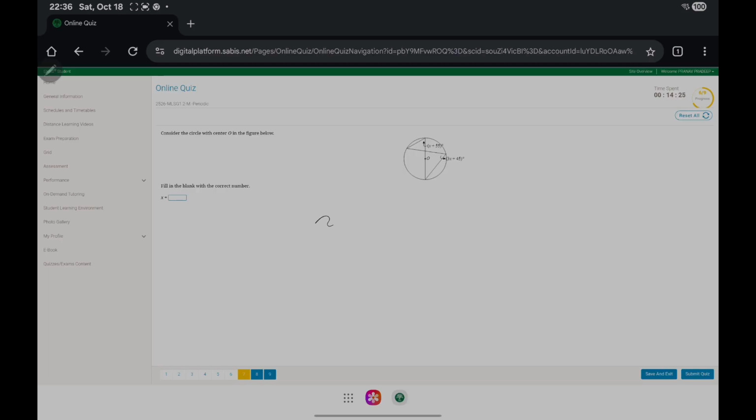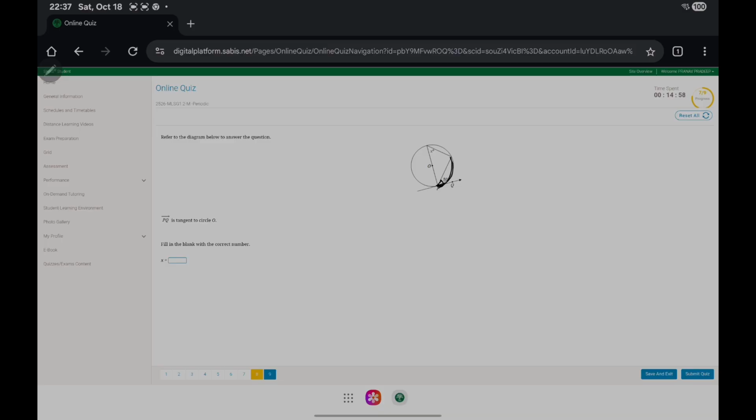Do the same thing here. X plus 55 equals 3x plus 45, 2x equals 10, and x equals 5. Alright? The last few questions are pretty easy. Now according to theorem 1.6, we can say that this angle is half the measure of this arc, right?